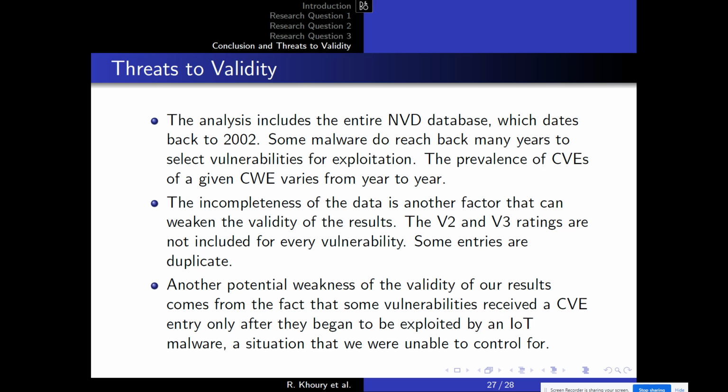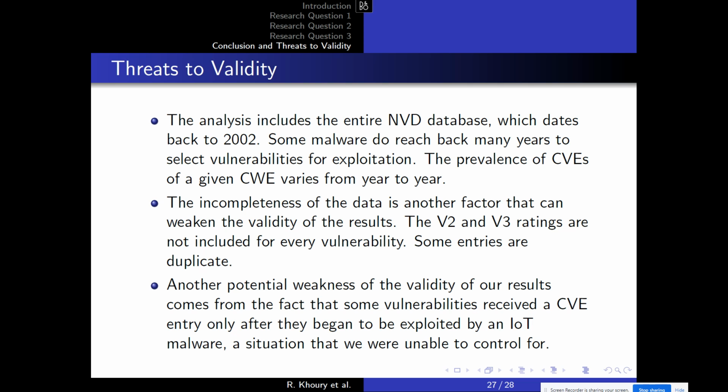So there are some threats to validity in our study. I mentioned some of them earlier. I believe in science, it's important to be open about any threat to validity. As I mentioned, there's a threat to validity in the fact that we use the entire NVD database as a reference. And this was a conscious choice because some IoT malware do reach back several years to select vulnerabilities to exploit.